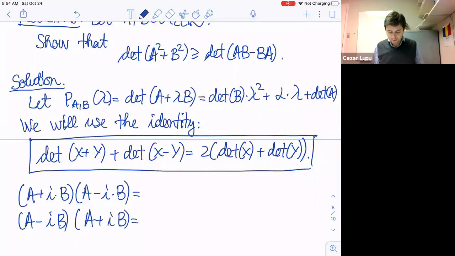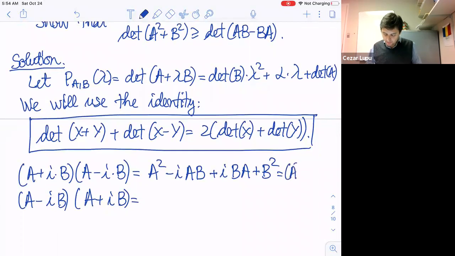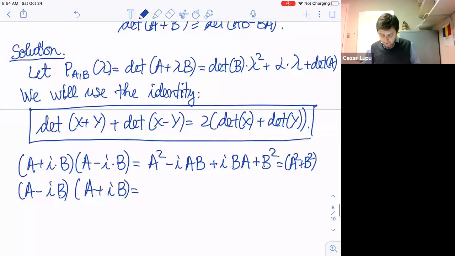On the one hand, this would be A squared minus i times AB plus i BA minus i squared, so plus B squared, right? In any case, this is A squared plus B squared minus i times AB minus BA.